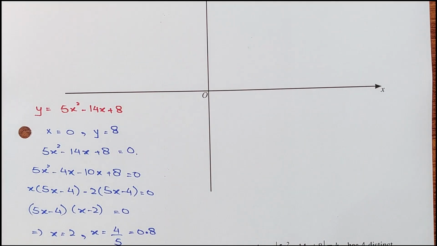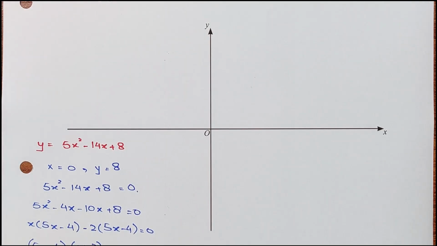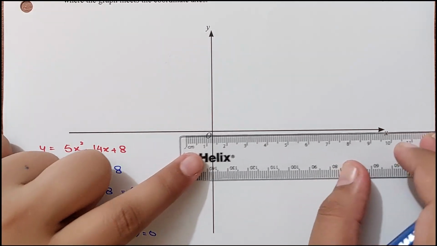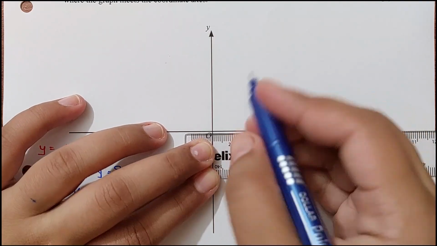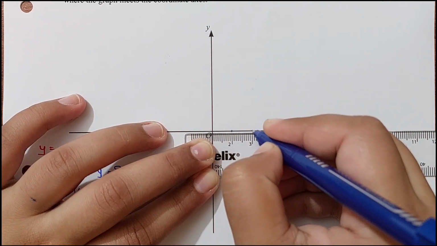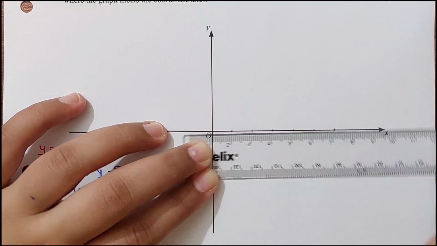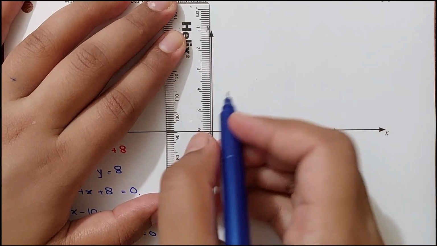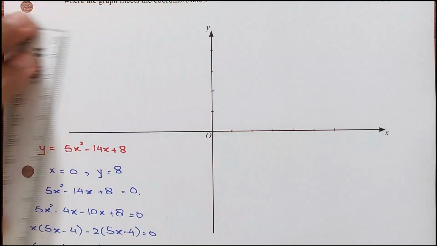So let me draw the coordinates of the points where the graph meets the coordinate axes. Both the x-intercepts are positive. If I say this is 1, this is 2, 3, 4, 5, 6. And the same for y: 1, 2, 3, 4.